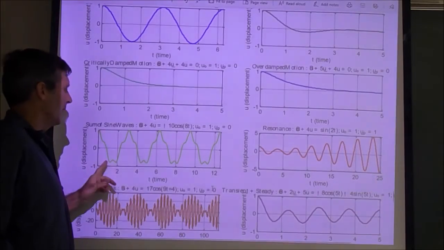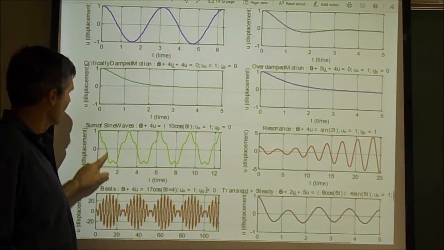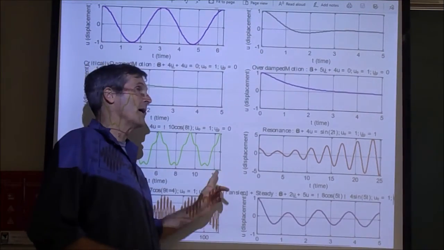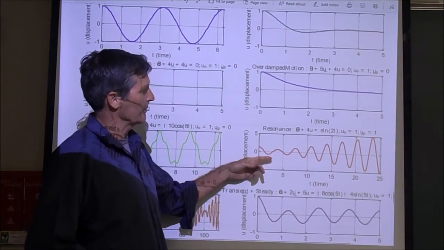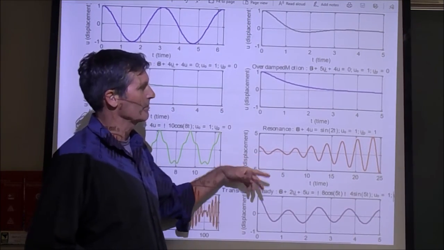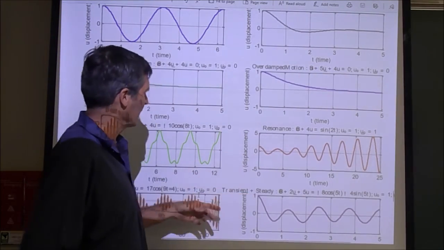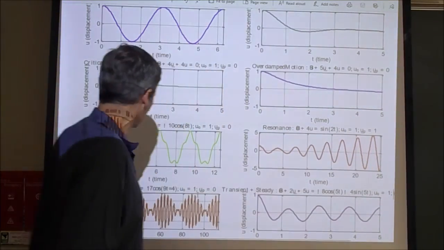If you have an undamped driven oscillator, then it's the sum of sine waves like this. Unless you happen to drive it near its characteristic frequency, at which the thing wants to oscillate without the driving force, if you drive it at that frequency, you get resonance, bigger and bigger oscillations.